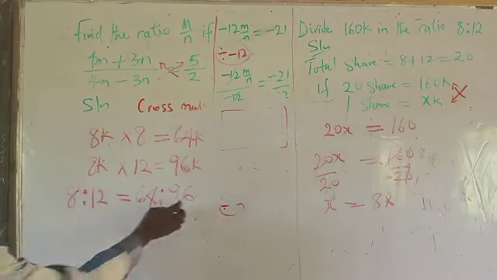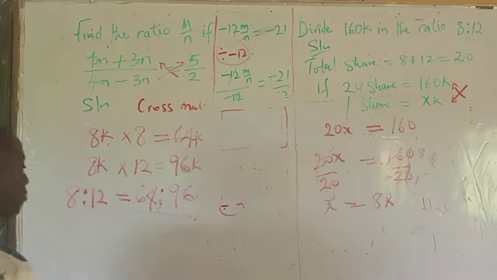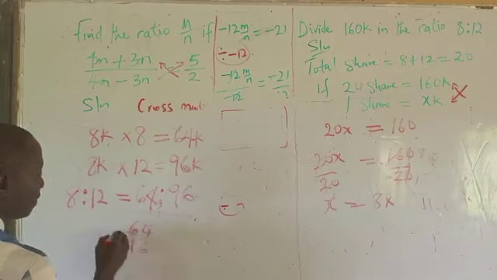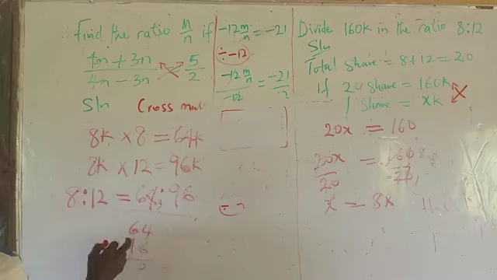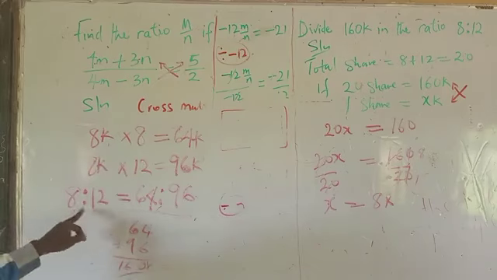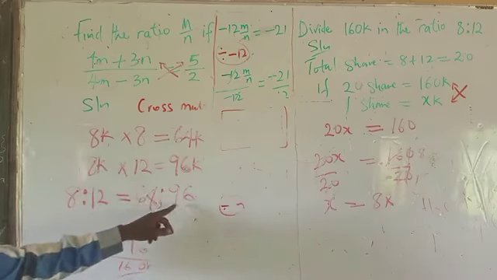So if you add 64 plus 96, just for a check, these are the answers actually. 64 plus 96, what do you have here? You have 0, carry 1, plus 1, 10, plus 6, 160, which is actually the 160k. So you have been able to share the 160k in the ratio of 8 and 12. And this is what you have. 64 ratio 96.